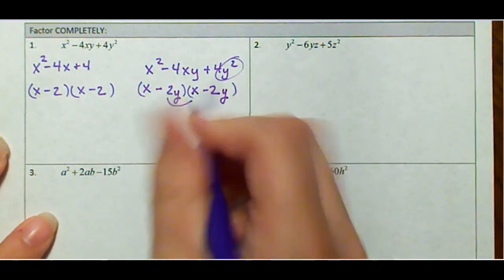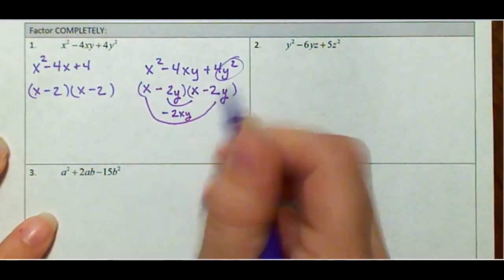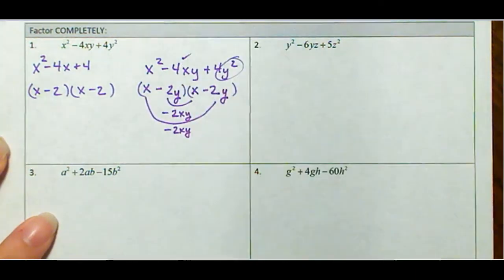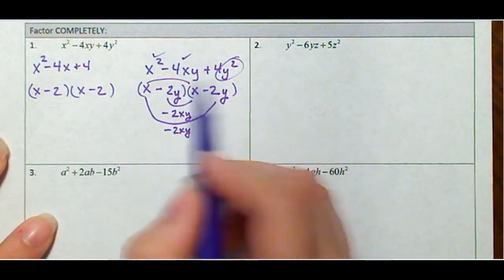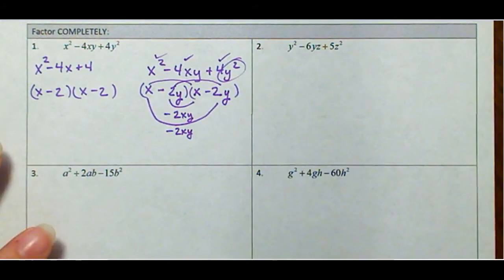And notice that gives us negative 2xy. This gives us negative 2xy, which adds to negative 4xy. X times x is x squared, and negative 2y times negative 2y is positive 4y squared.